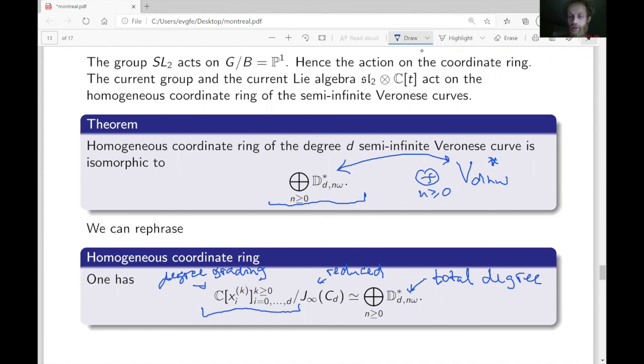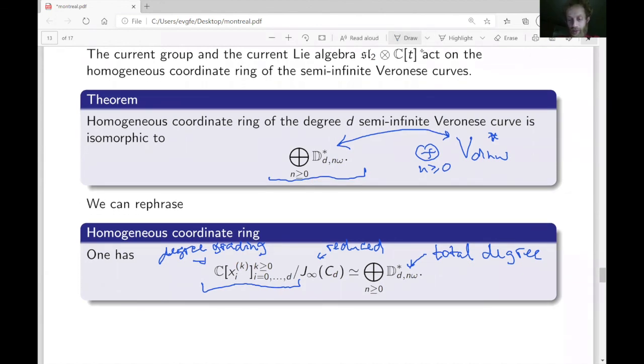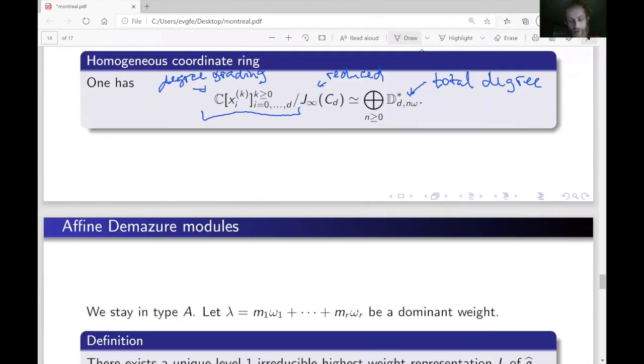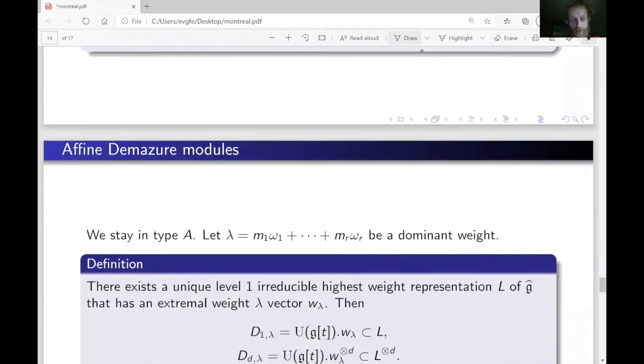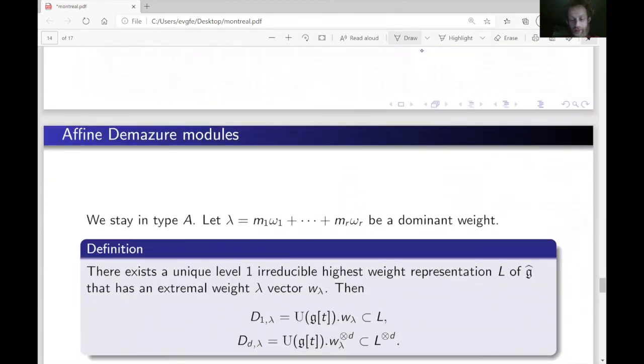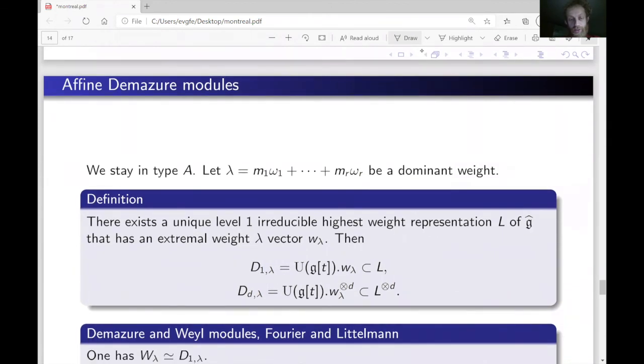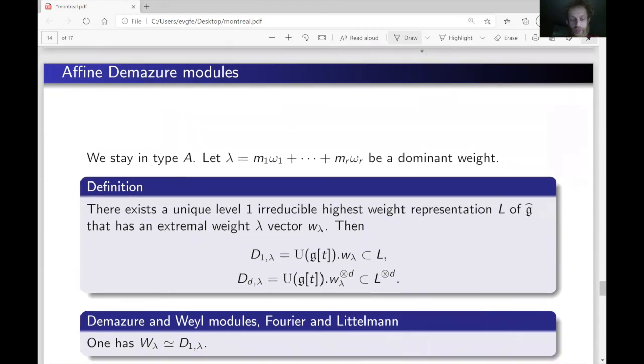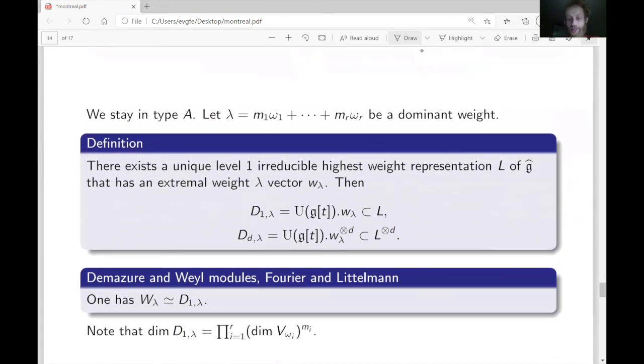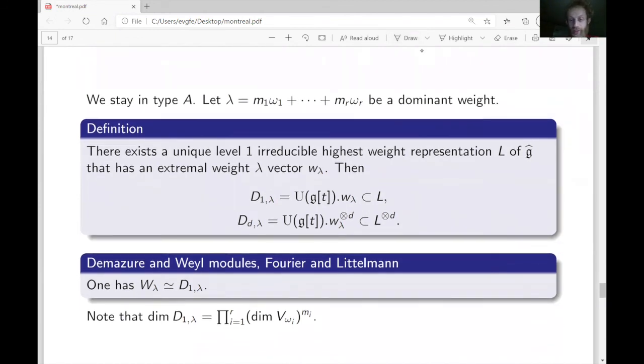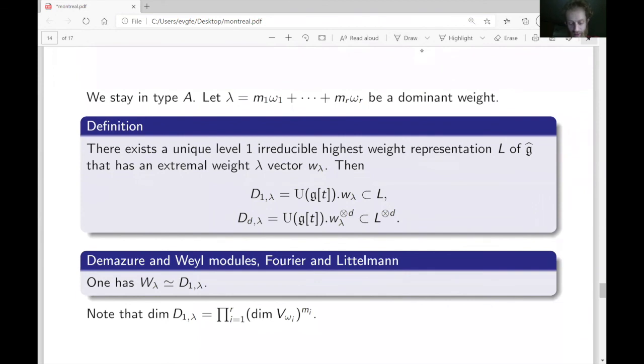I'm more or less over my time, so let me just say briefly what we are doing in the general G case. I'm still sticking to type A, but there is a notion of affine Demazure modules, Demazure modules of level 1 and of level D. If you've been working with these objects, then you know.